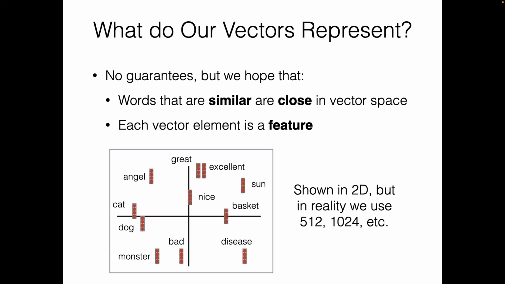This assumes that maybe you have some huge data set, and different words are used interchangeably over the course of looking over all the data. So in one sentence, it might use the word great, and then in a similar context, it might use the word excellent. As a result, the vectors may be pulled close to each other.